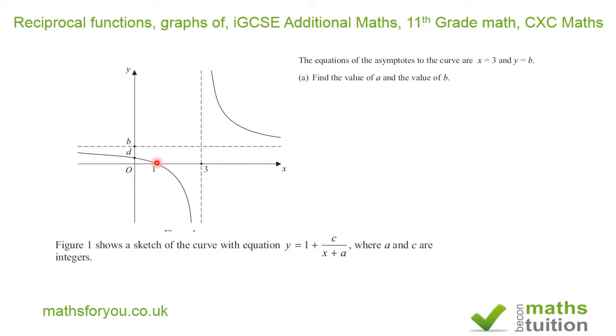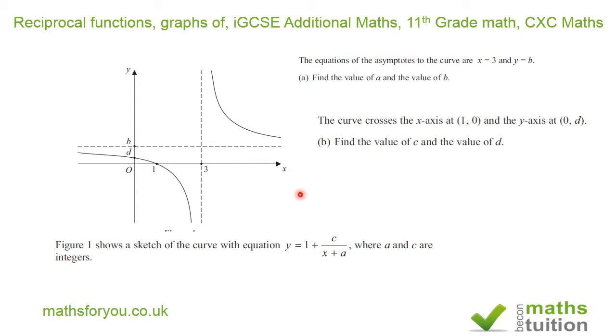That's the vertical asymptote, and y is equal to b, that's the horizontal asymptote there. The next one says, find the values of c and the value of d. So you want to find d there and c from the equation there.